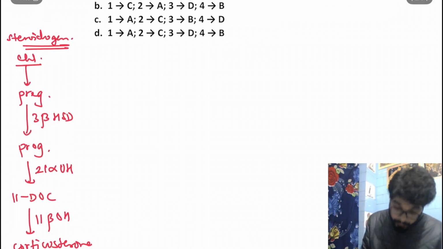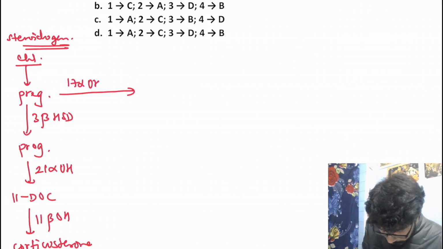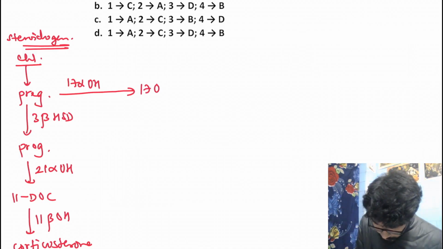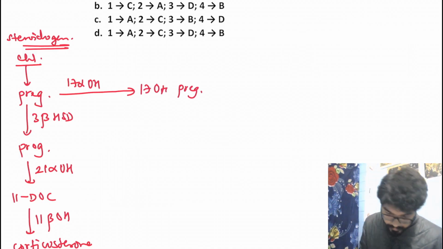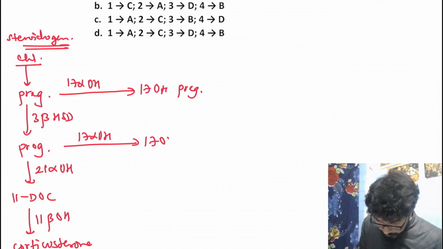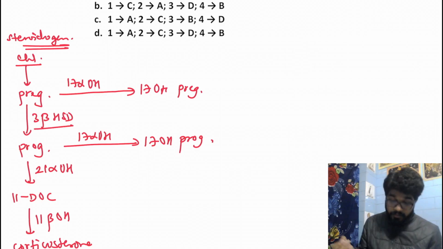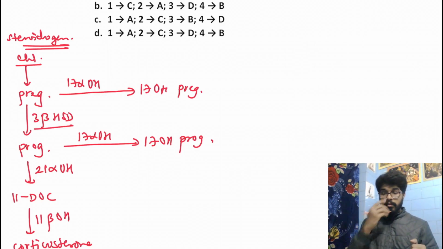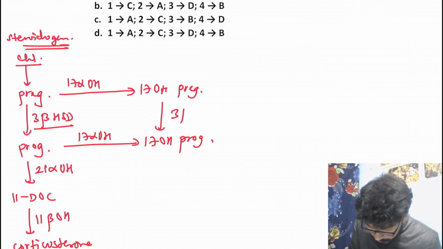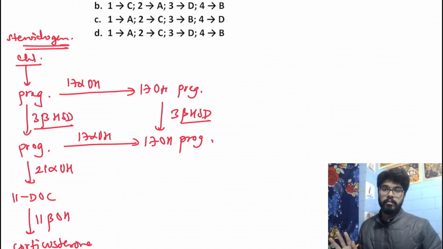Okay. Now this pregnenolone can be acted on by an enzyme called 17-alpha hydroxylase, forming 17-alpha hydroxypregnenolone. Similarly, progesterone with the help of the same enzyme can form 17-hydroxyprogesterone. And since 3-beta-hydroxysteroid dehydrogenase can convert pregnenolone to progesterone, similarly 3-beta-hydroxysteroid dehydrogenase can convert 17-hydroxypregnenolone to 17-hydroxyprogesterone.